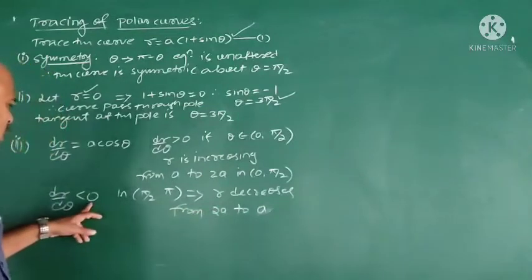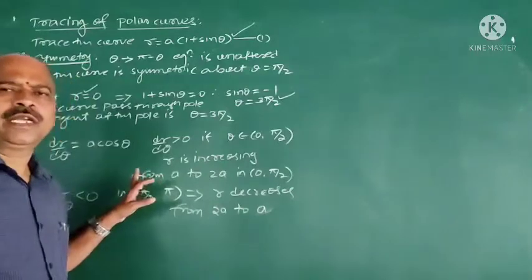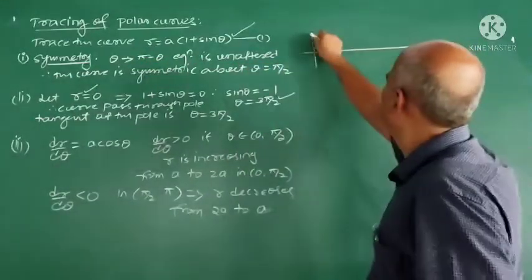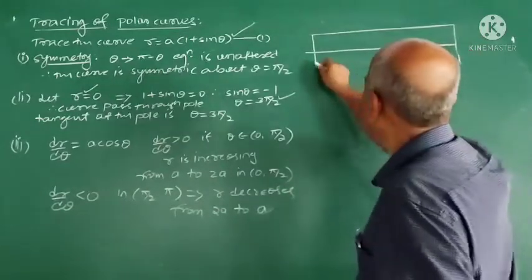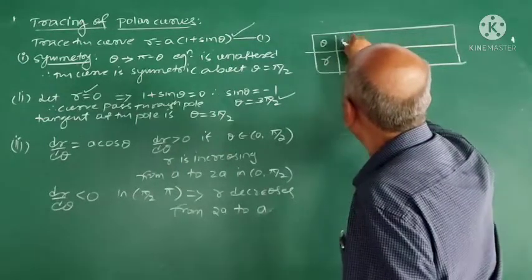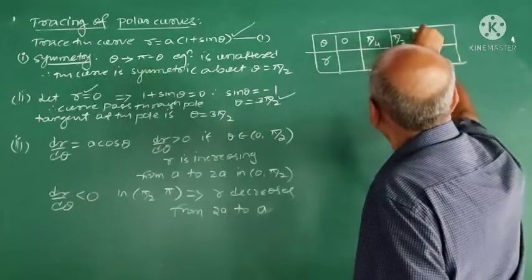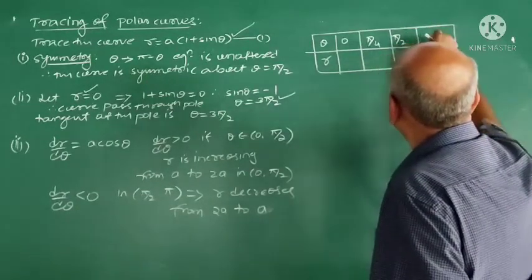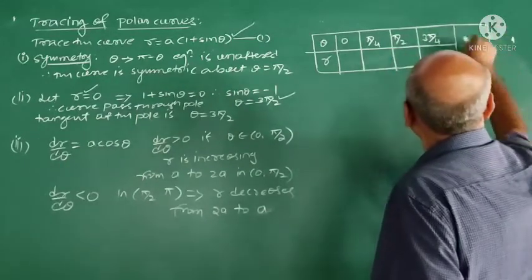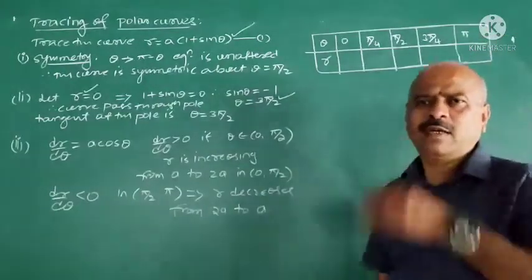see here, this gives the nature of the curve, whether it increases or decreases. Now further we plot some points. We take theta and r. Theta is 0, pi by 4, pi by 2, 3 pi by 4, and pi. These are the values of theta.